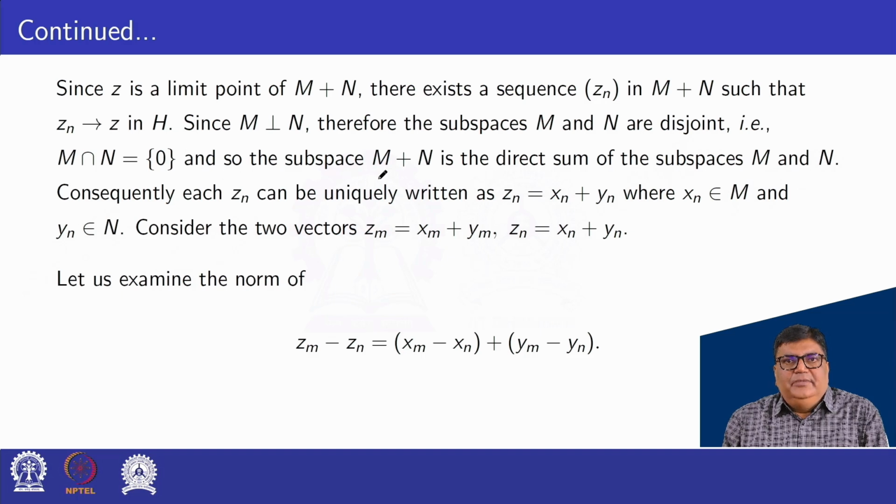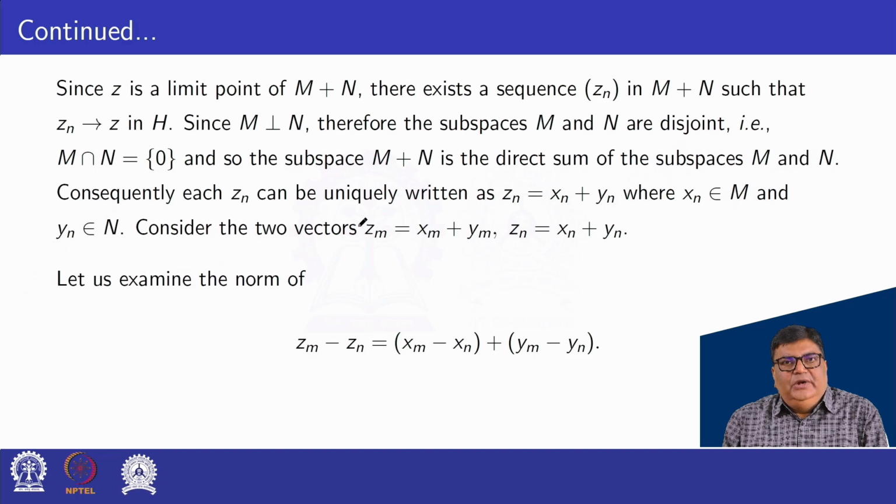And so the subspace M plus N is the direct sum of the subspaces M and N. Consequently, each Zn can be uniquely written as Zn equals Xn plus Yn, where Xn is an element of M and Yn is an element of N.